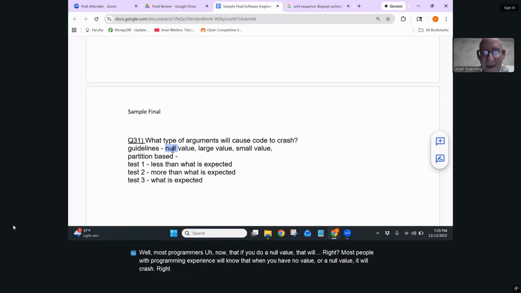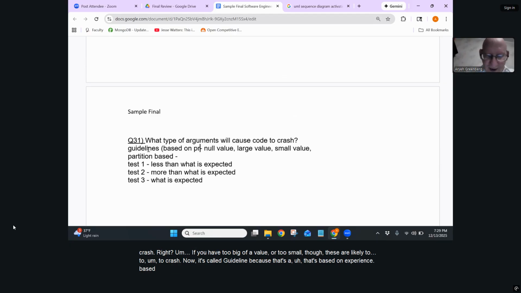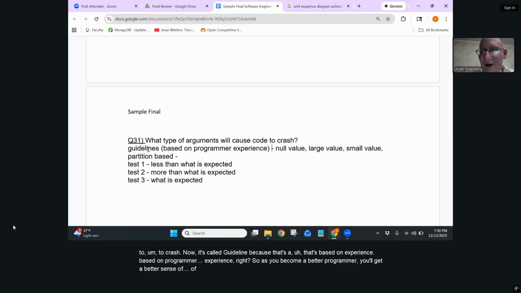If you have too big or too small a value, these are likely to crash. It's called guideline because that's based on programmer experience.